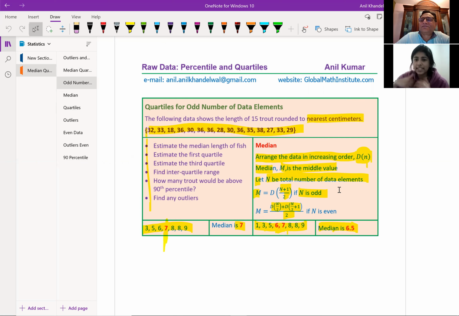And when it's even, you would get a decimal term. That's fine, because that would be the term in between two whole numbers in that data set. So whether it's 4.5, 4.25, or 4.75, that term is in between the fourth and fifth value. Don't round up, no rounding. That makes sense. It has to be like that.